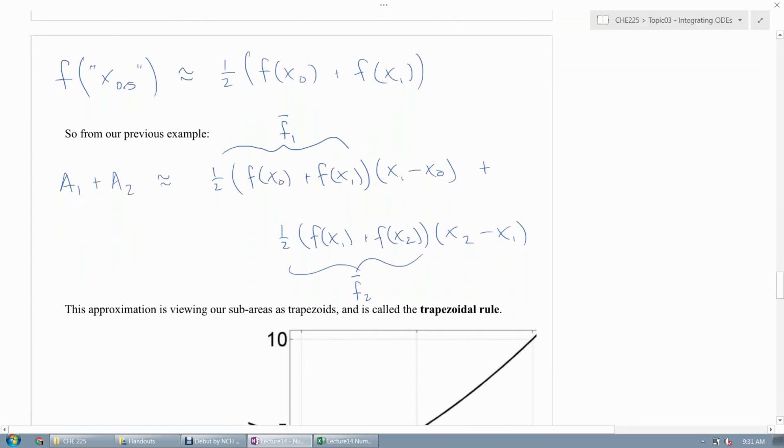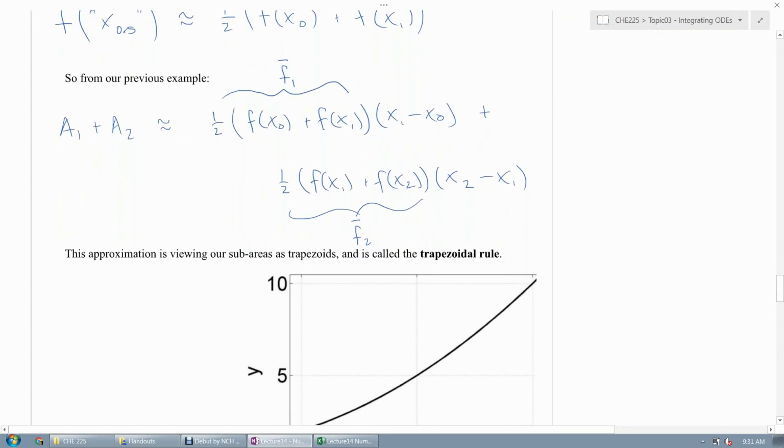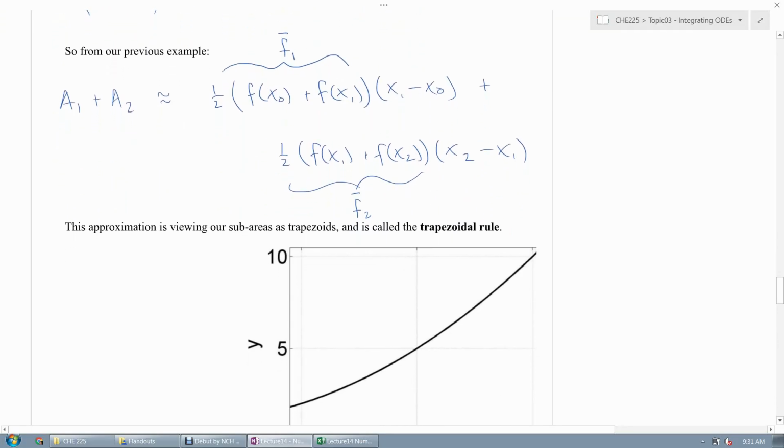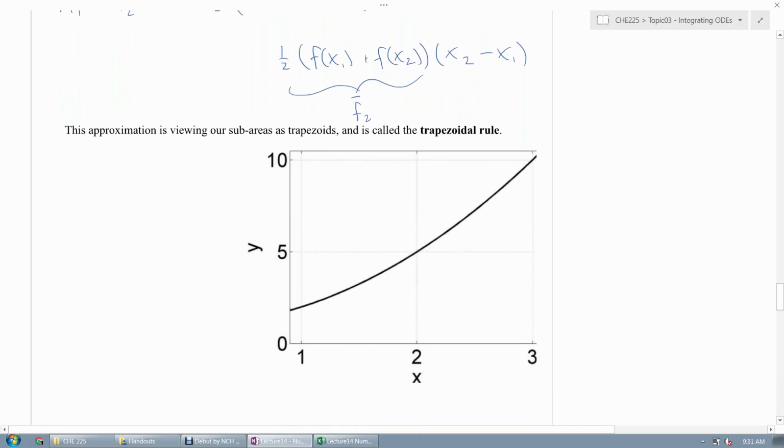Now, of course, this actually doesn't turn out to be a rectangular area. So this particular approximation is viewing our little sub-areas as trapezoids instead of rectangles, and it's called the trapezoidal rule, for good reason. If you think about a trapezoid, you're usually thinking about it like this, as I've drawn it here.